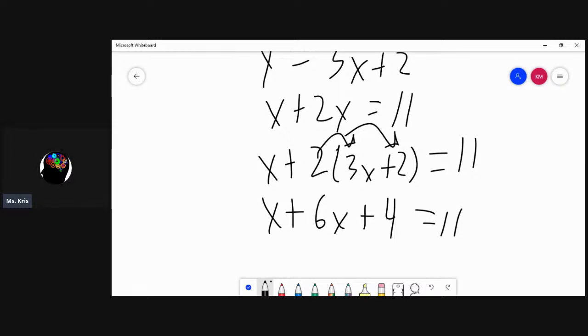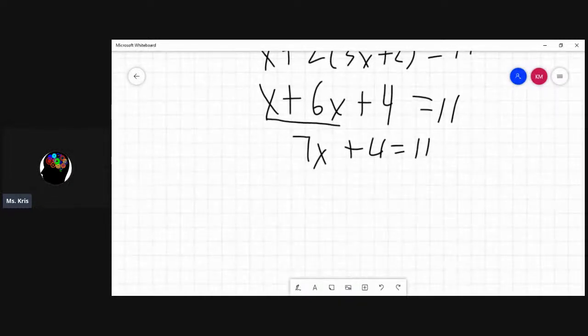Now, once I do that, combine like terms. The like terms are x and 6x. That gives me 7x. Now, had x been negative, combining like terms would have been negative x plus 6x, which would have been 5x. Okay? So then I'm bringing down my plus 4 and my 11.